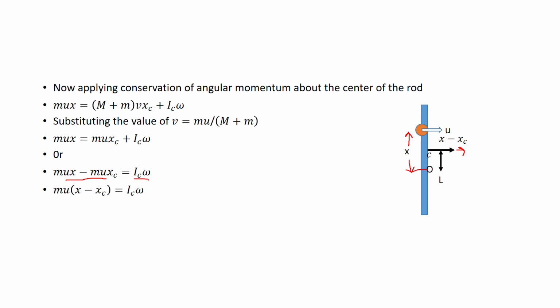And we know the value of x, and we know the value of xc, which we have just calculated: xc was small m times x divided by (m plus M).